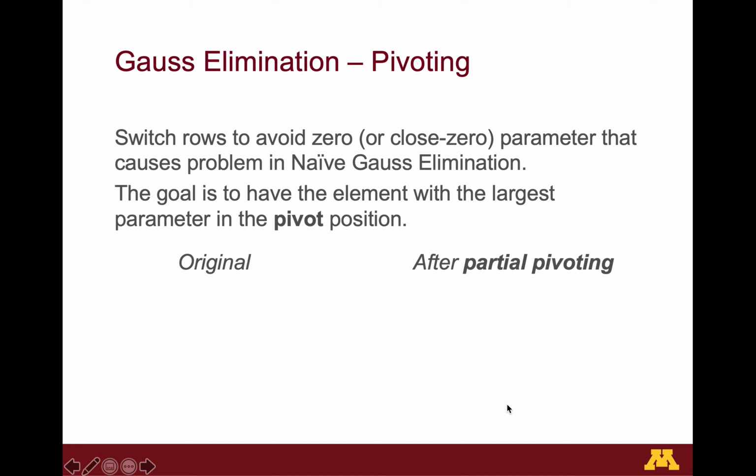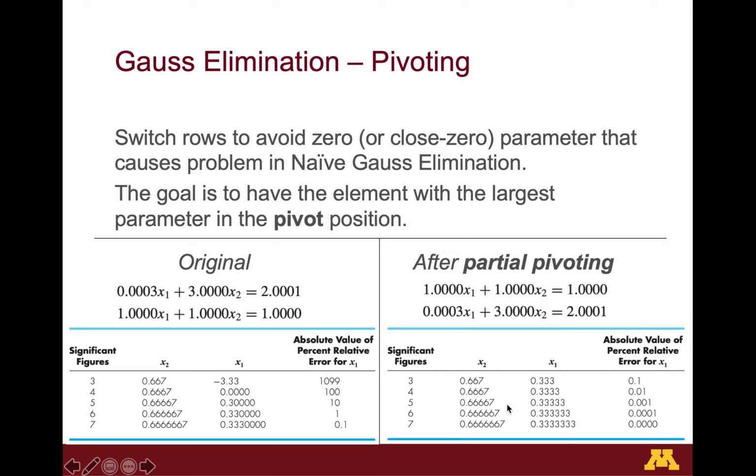So what's the difference between non-pivoting and pivoting? Here is an example showing the original equation set with 0.0003 as the parameter of x1 for the first equation, which is supposed to be used for the second equation to match through multiplication. But 0.0003 is a close to zero number.